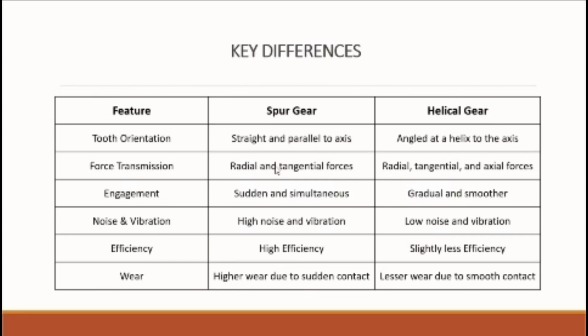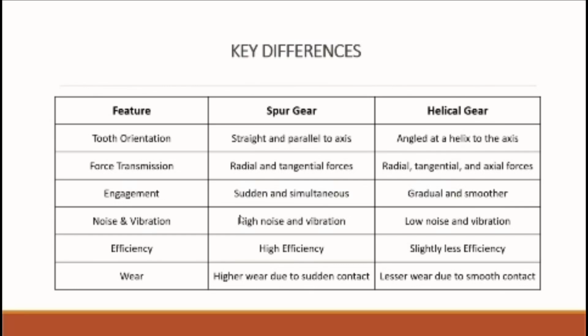For force transmission, in spur gear there are generally radial forces and tangential forces, and in helical gears the forces are radial, tangential, and axial forces, also called thrust force. The engagement in spur gear is sudden and on a single tooth, whereas in helical gear it is gradual and smoother and distributed over multiple teeth.